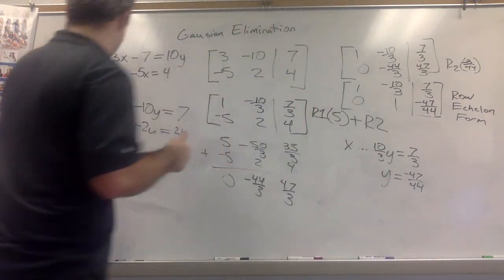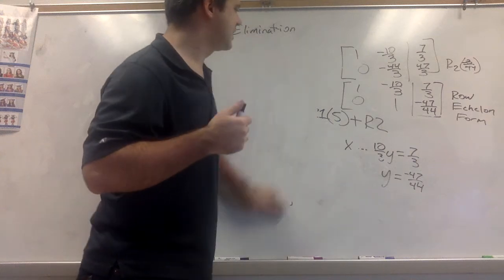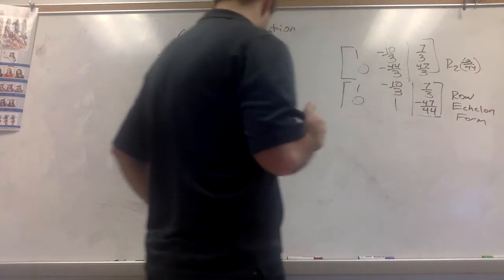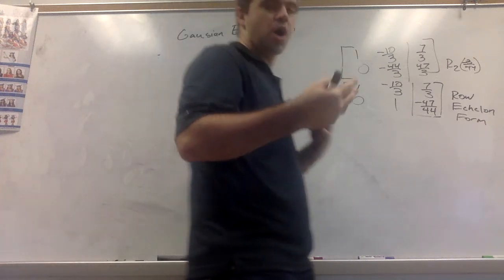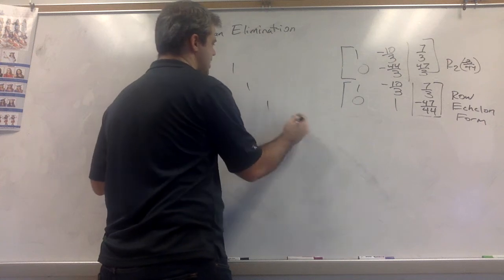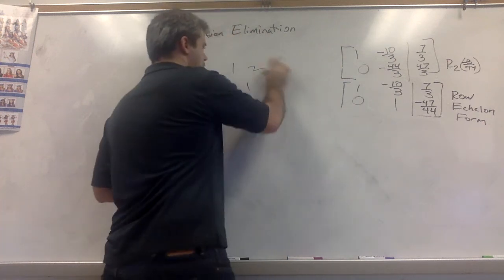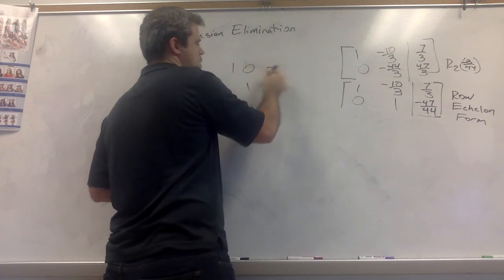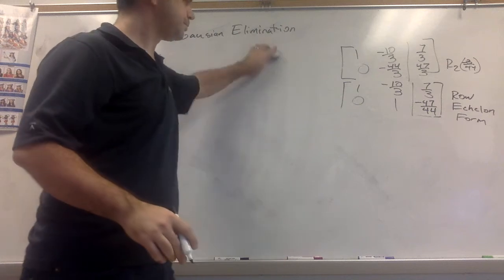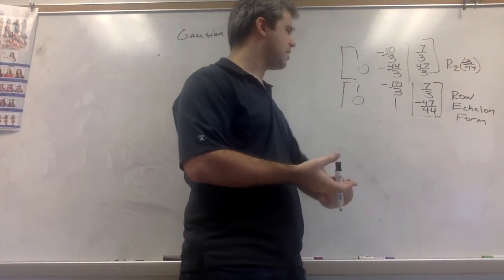So that's Gaussian elimination. There's also something called Gauss-Jordan elimination, which takes this one step further. The way that Gauss-Jordan elimination works is instead of just having 1s with other things up here, we're going to have 1s with zeros up here. How am I going to do that? Well, I'm actually almost there.